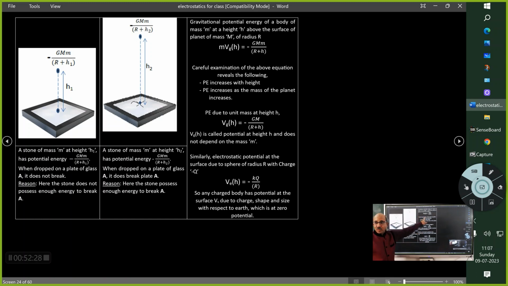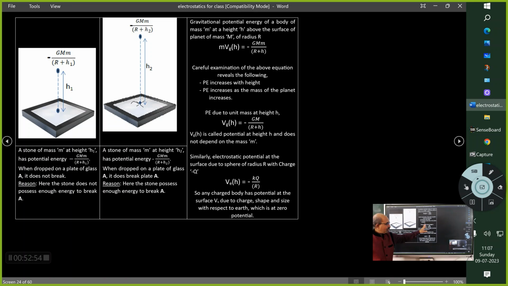Now you see, m is the same on both sides, so cancelling it, V_G at height h is equal to minus GM by R plus h. Understood? Now look at this: V_G(h) is equal to minus GM by R plus h.